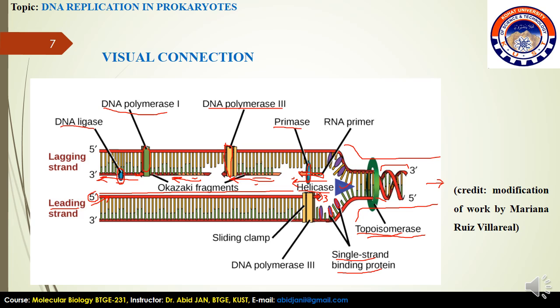Because DNA polymerase can only extend in the 5' to 3' direction, and because the DNA double helix is anti-parallel, there is a slight problem at the replication fork. The two template DNA strands have opposing orientation.